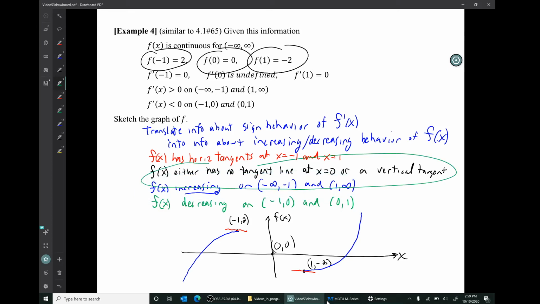So look, we can do this. We can have a tangent line that's vertical at x equals 0, and our graph is decreasing here. It's also decreasing here. And in fact, you can see the graph is actually decreasing on this whole interval. So that graph satisfies all of those given requirements.